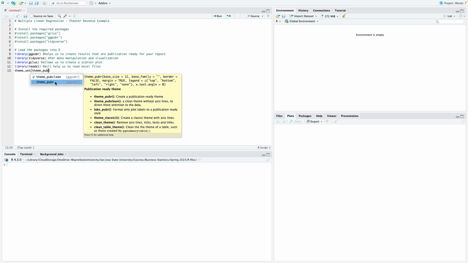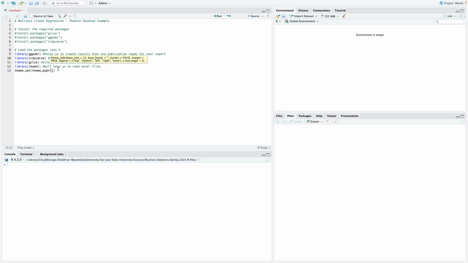So you could basically see it there. It says create a publication ready theme, and it cleans the axis line in your data visualization. It removes this axis line and all of those titles, and things like that. That's basically what this function helps us to do.